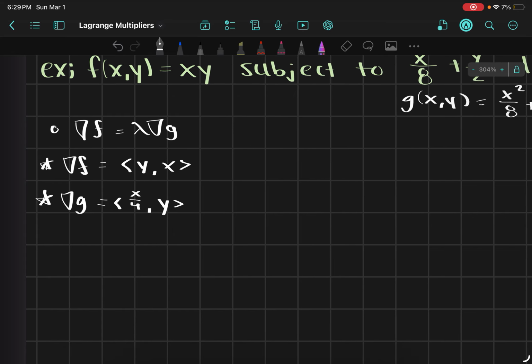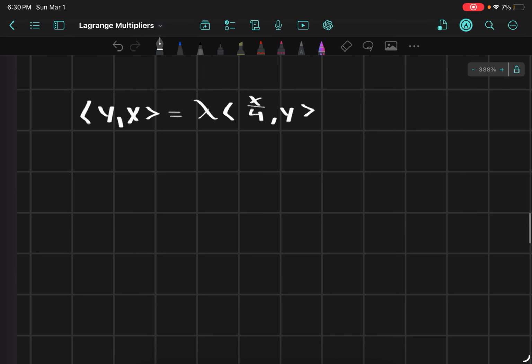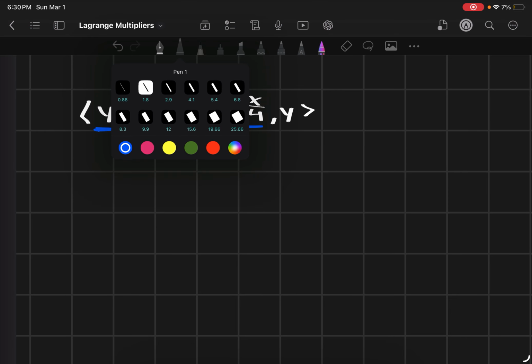So we have everything we need to get this going. Let's set them equal to each other. We have the gradient of f, which is y, x, equal to lambda times our gradient of g, x over 4, y. So let's make our system of equations. We're setting our x values equal to each other, and our y values equal to each other.